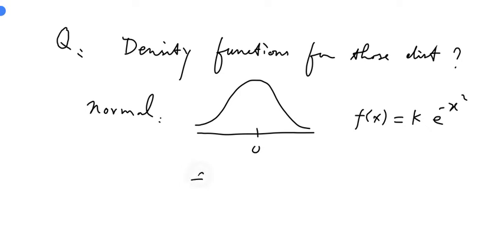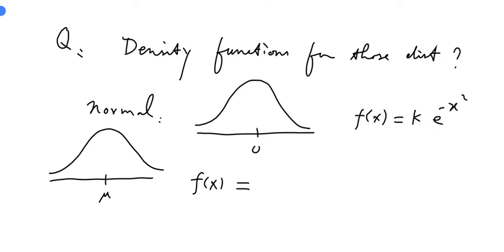And then, for the standard normal, we need to change a little bit in general. So if the center is not 0, if the center is mu, then this function becomes thus. We just simplify it a little bit. So negative, here x minus mu squared, and also divided by some constant.